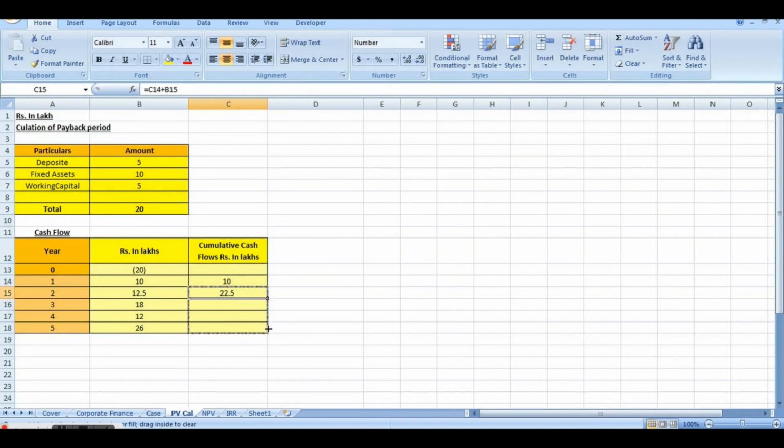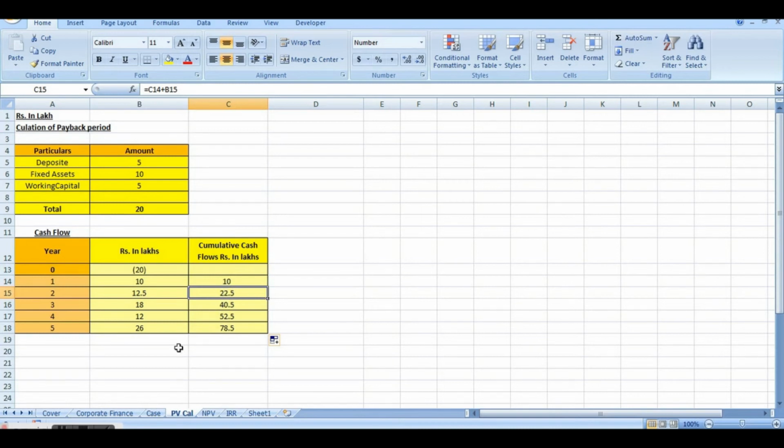Now we have to compare these cumulative cash flows with the cash outflows, these inflows with outflows. Now if you see here, in between year 1 and 2 you are getting back an amount of something more than 20 lakhs.